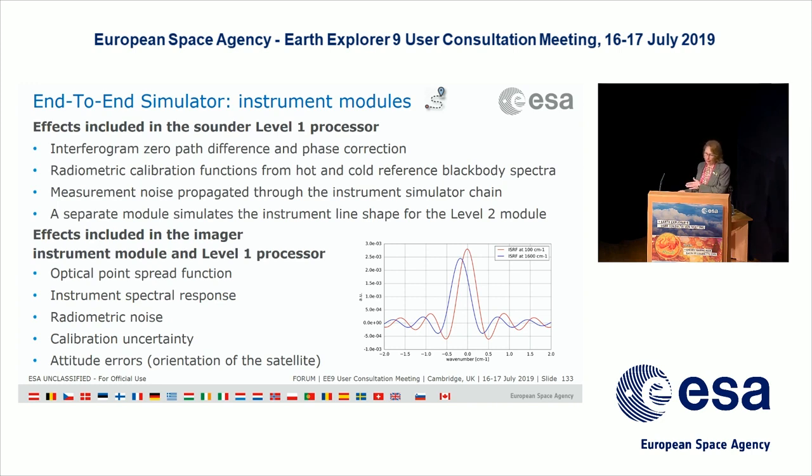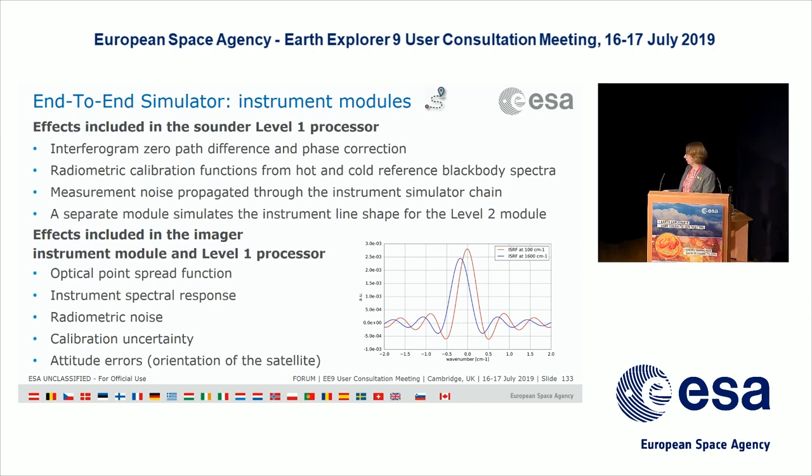We also have a separate module that simulates the instrument line shape, which is then used in the level 2 module. And for the imager, the effects that are included are the optical point spread function, the instrument spectral response, the radiometric noise, calibration uncertainty, and attitude errors.